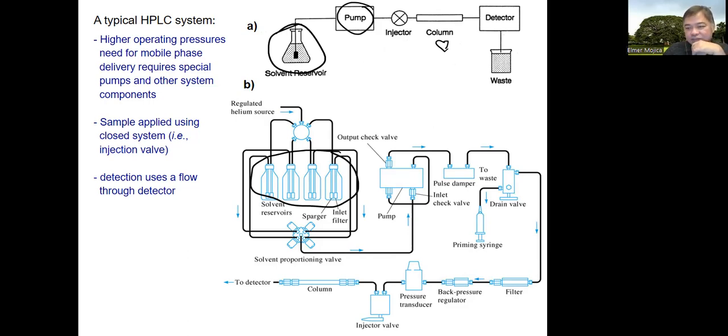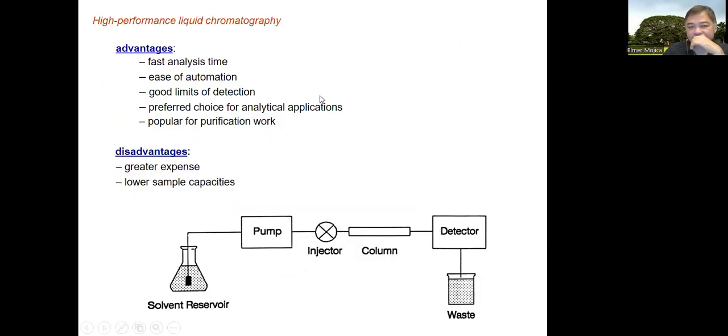So that's how an HPLC system looks. Okay. So the advantages you have for HPLC are fast analysis time, ease of automation, good limit of detection, a preferred choice for analytical applications, and popular for purification too.